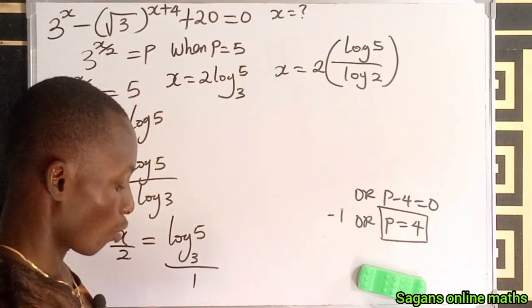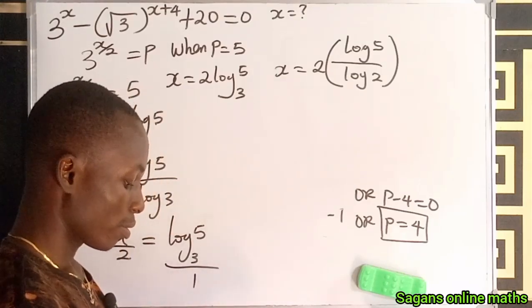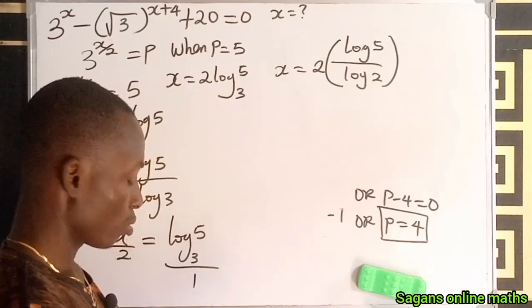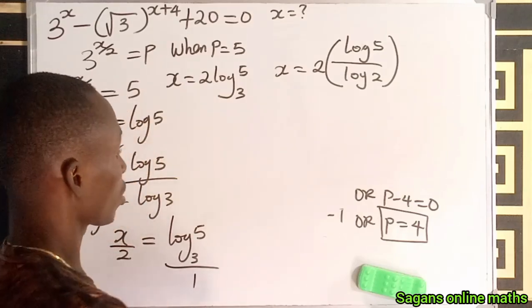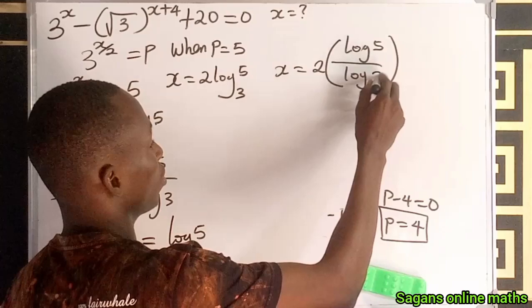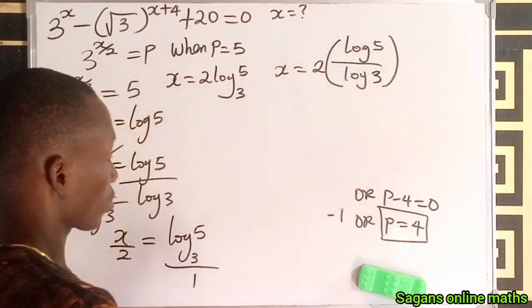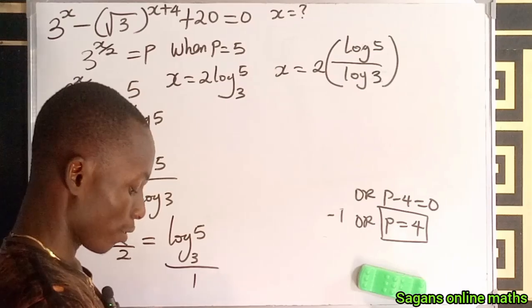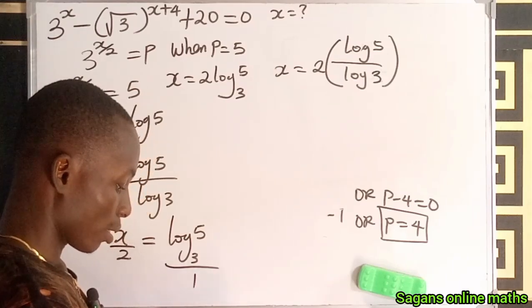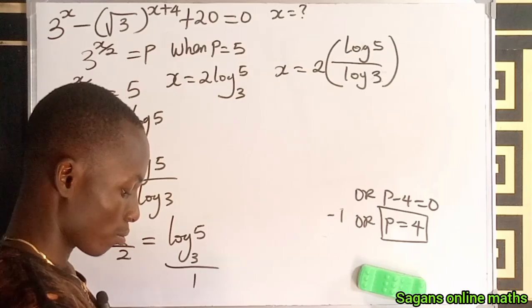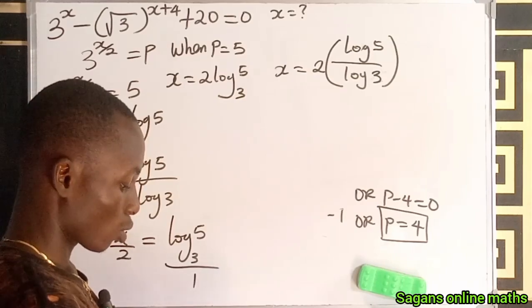Log 5 divided by log 2, sorry, not log 2, this is log 3. So log 5 divided by log 3.